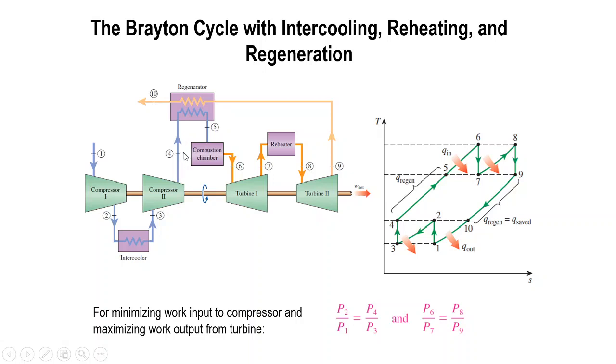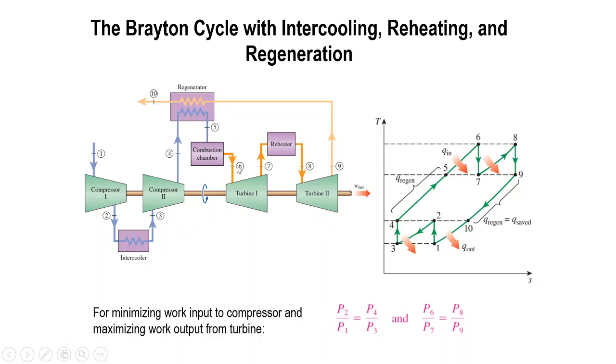Assuming point 4 temperature is the same as point 2, because we assume the compressors are identical. Before entering the combustion chamber, we have a regenerator, so the air at point 4 needs to be reheated using the exhaust gas. At point 5, the temperature is much higher compared to point 4.